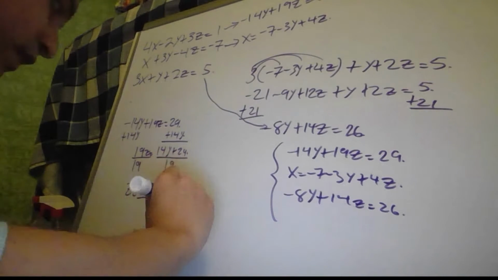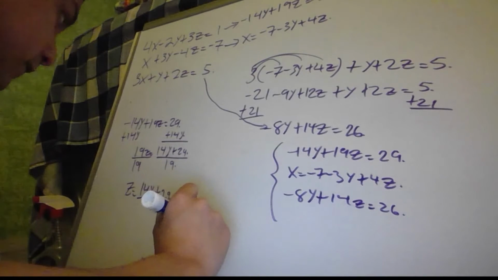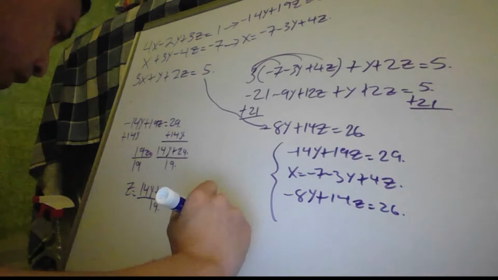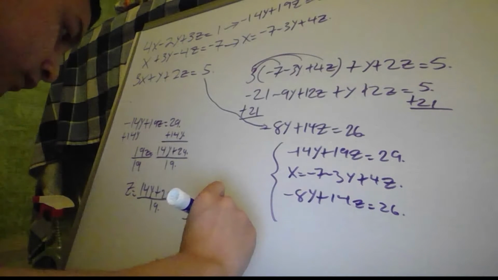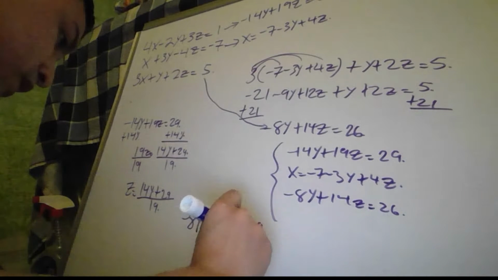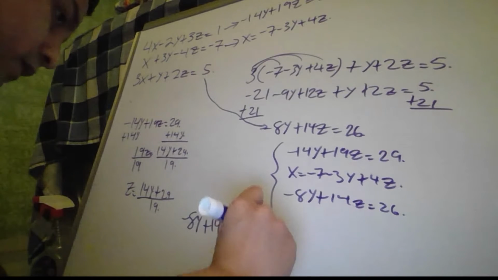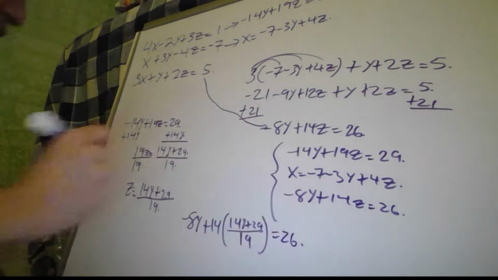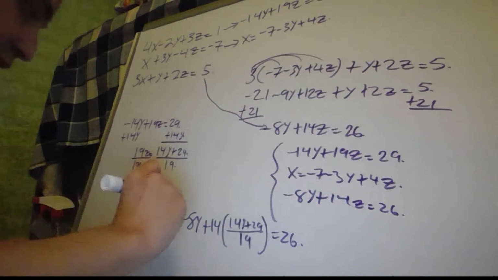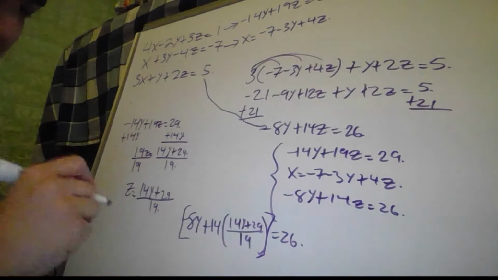So you're going to do negative 8y plus 14 times the quantity 14y plus 29 over 19 equals 26. Now you can go ahead and multiply everything by 19 to get rid of the fraction, right?